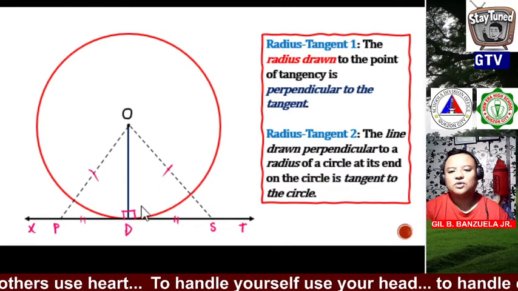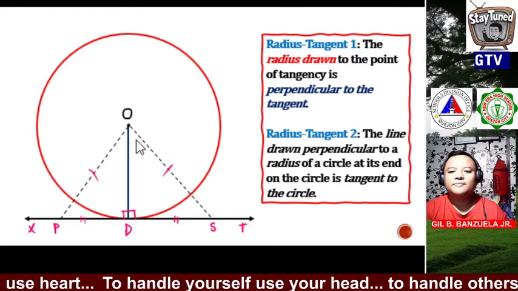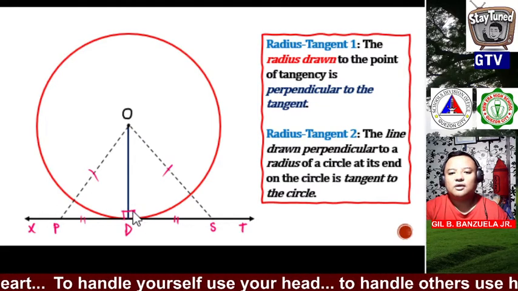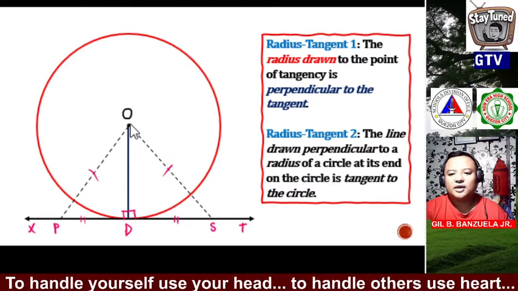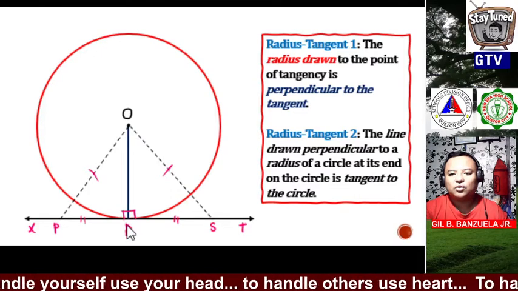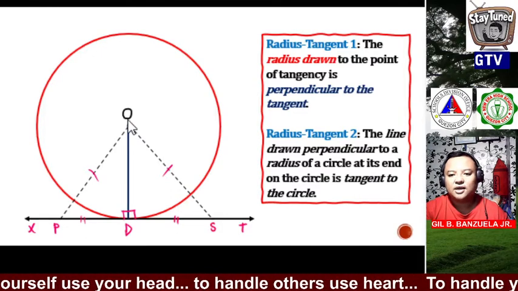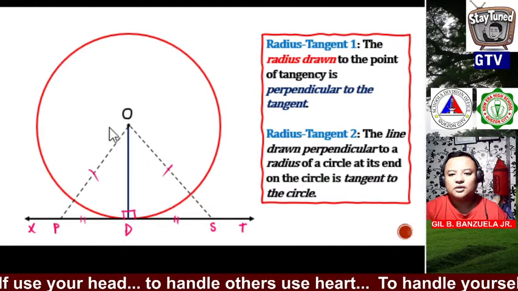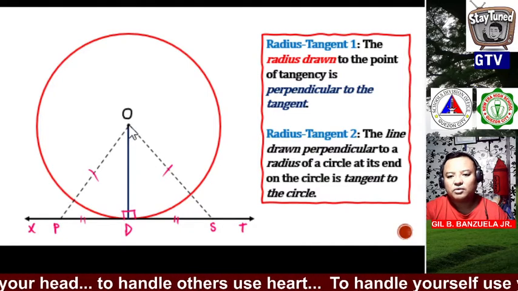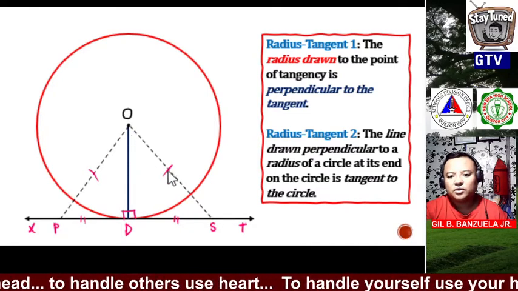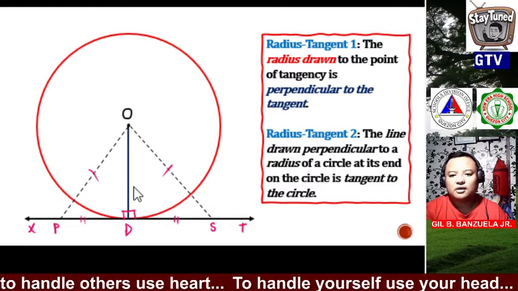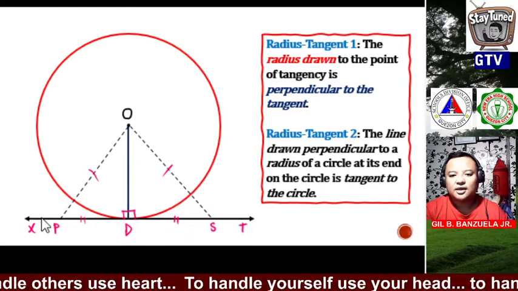So what is the use of this, guys? For example, we automatically create right angle ODS and right angle ODP. If we connect point O to point P or point O to point S, we create a right triangle.